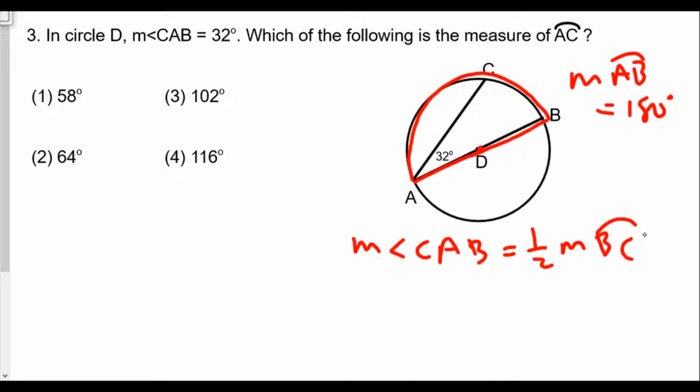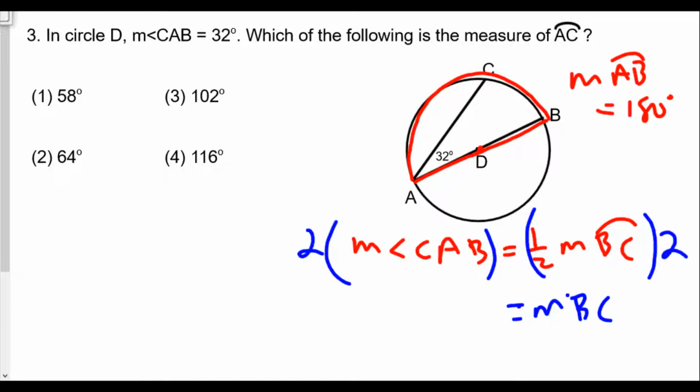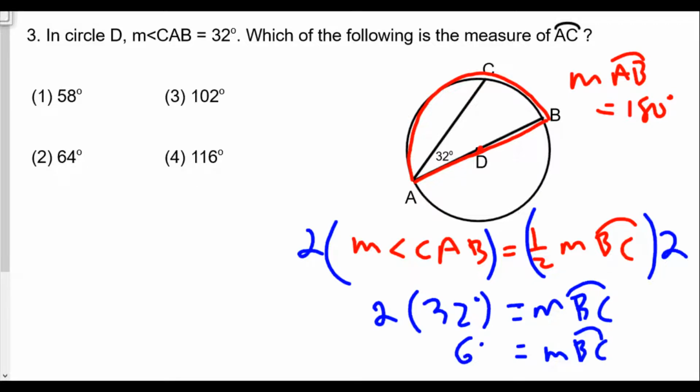But to find the measure of arc BC, we're just going to multiply everything by 2. And so we get the measure of arc BC is equal to 2 times 32 degrees, which is equal to 64 degrees.